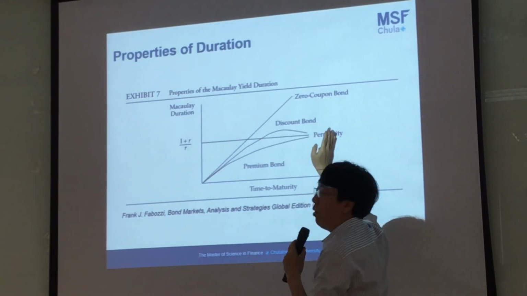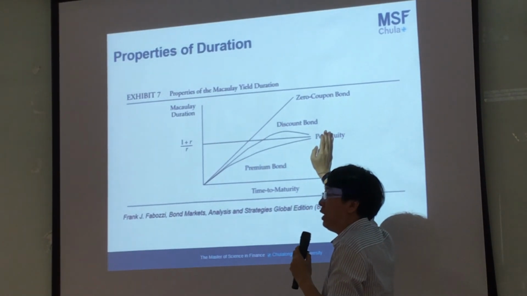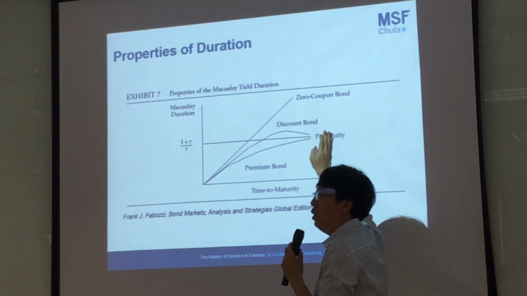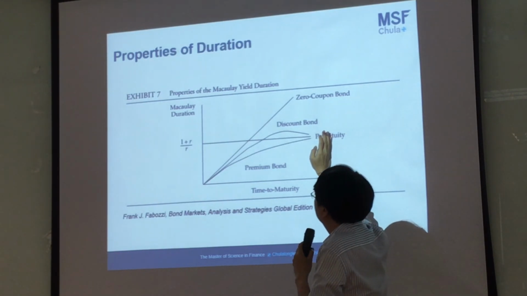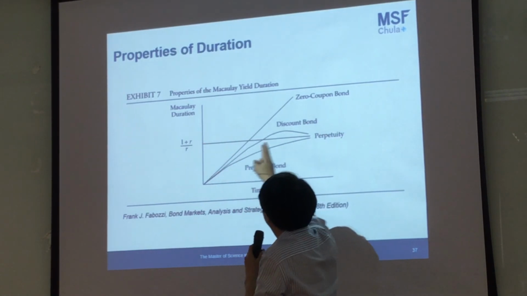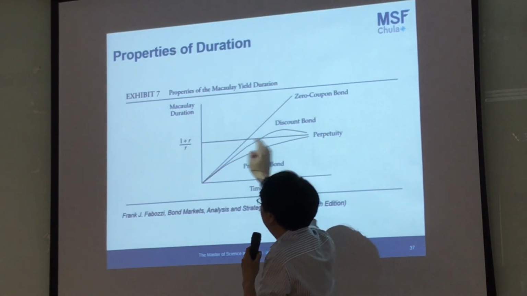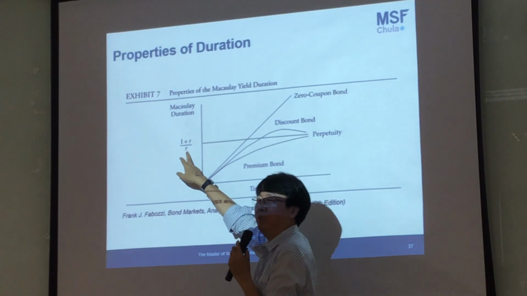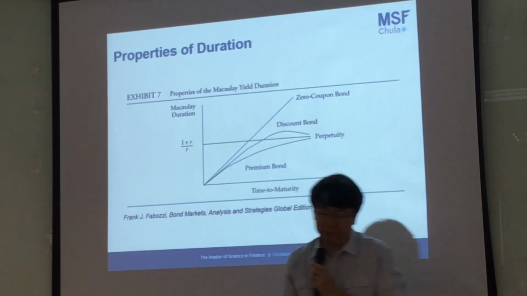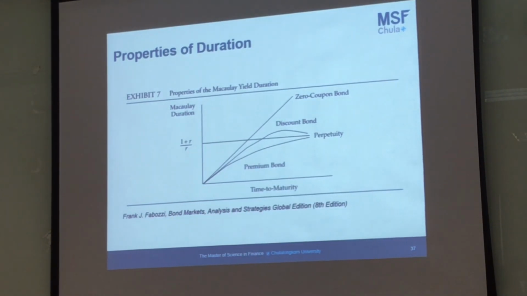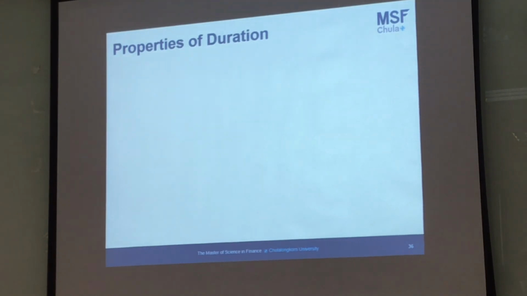For the perpetuity bond, in case of no embedded option, you get this line: the Macaulay duration will equal (1 + r) over r. How do we get this? You can use this formula.